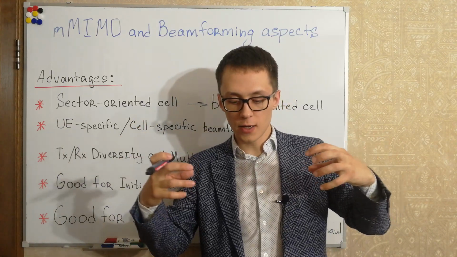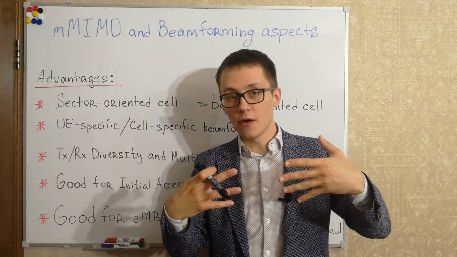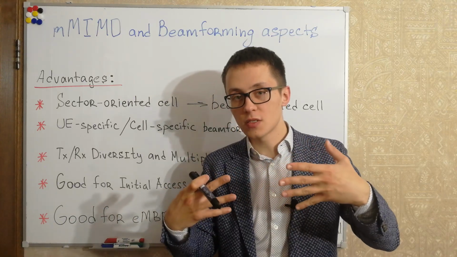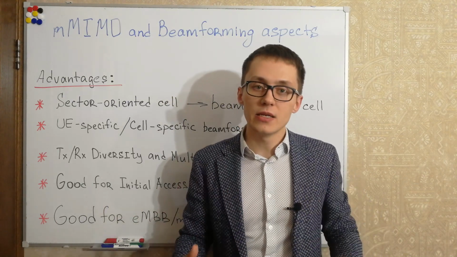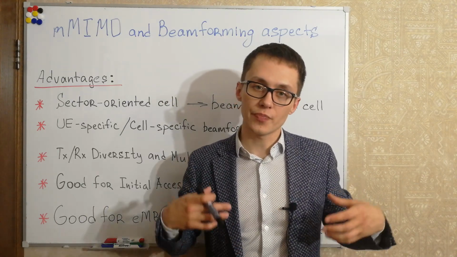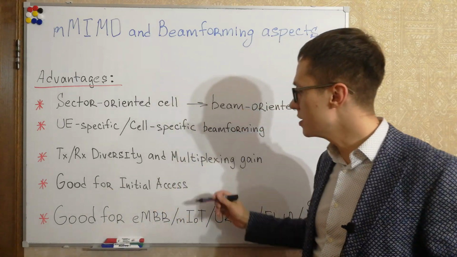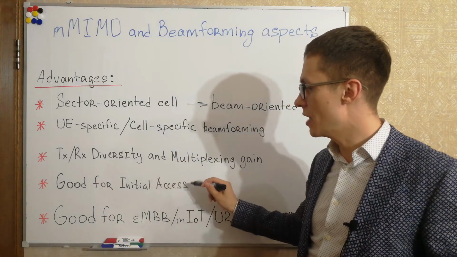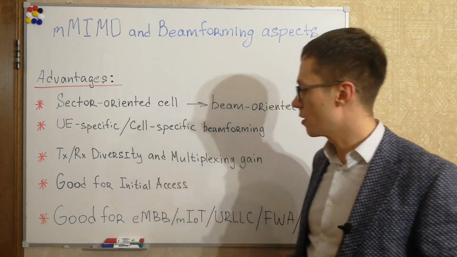So both network elements can form their beams towards each other to gain accessibility, to have more probability for successful access to the network. And this is a very important concept as well.